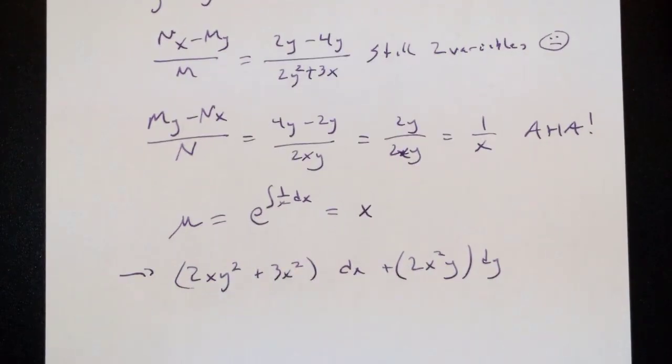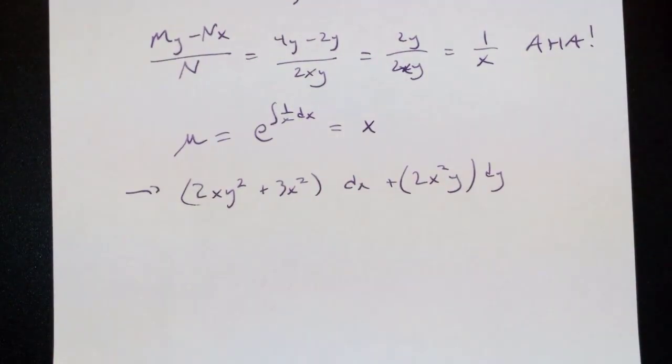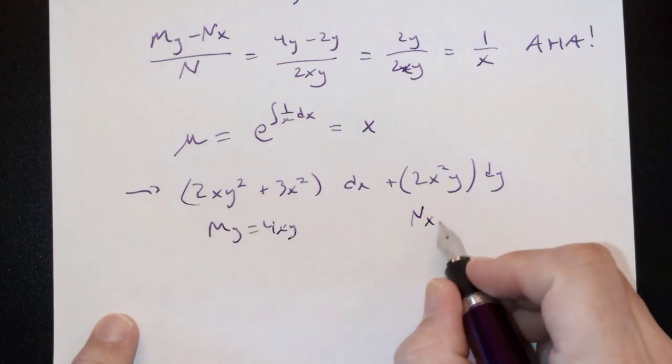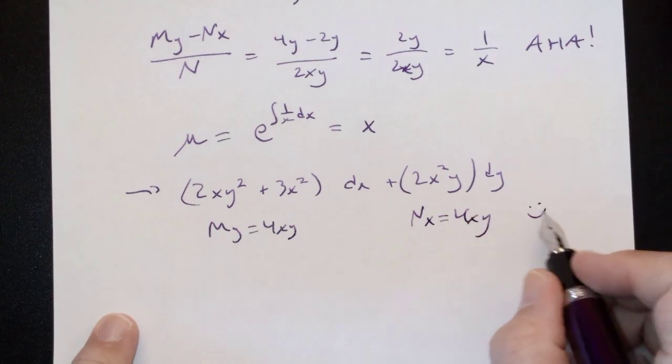And now I'll ask the question, is that exact? Because here, my is 4xy and nx is 4xy.